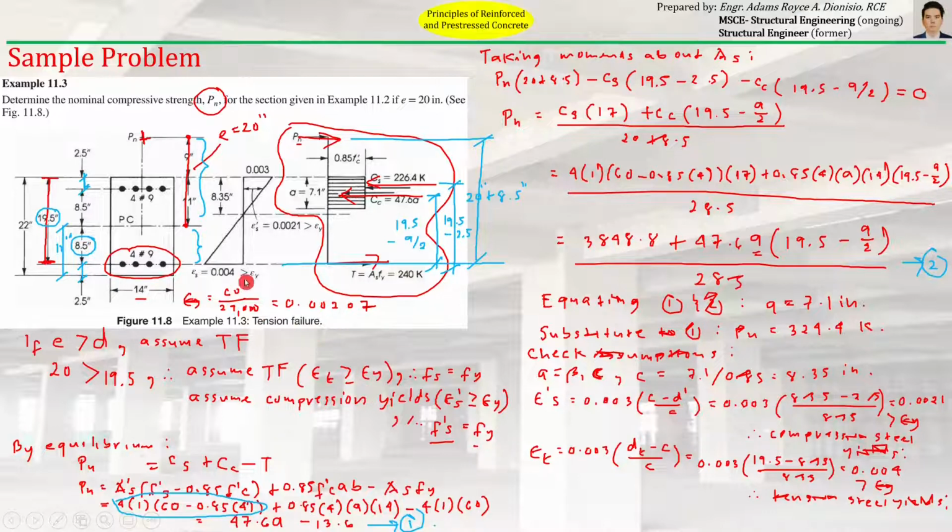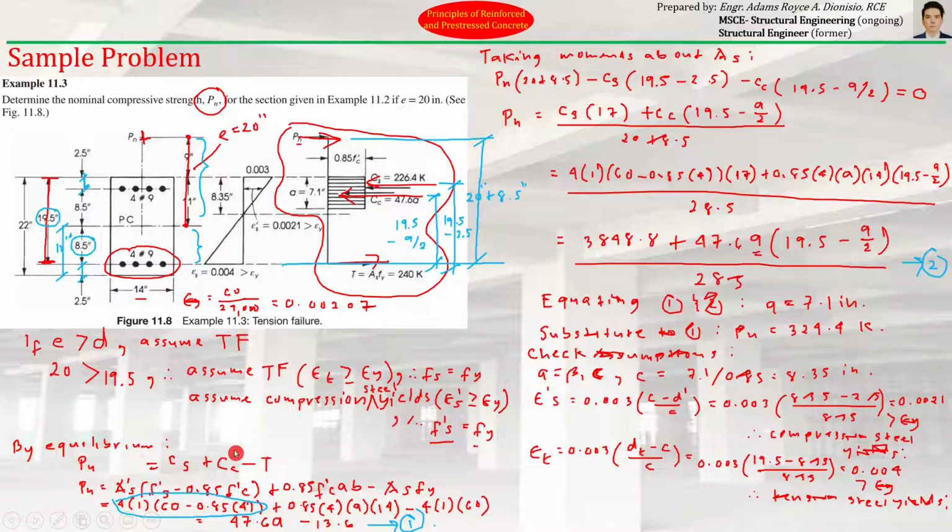Kita naman natin 0.004. Tapos na-verify na rin natin na yung compression steel nag-yield din siya. Na-verify na rin natin na compression steel really yielded. Ayun na. Sa pamamagitan ng pag-compute ng strain. So with that, we can now accept the answer that we have computed.